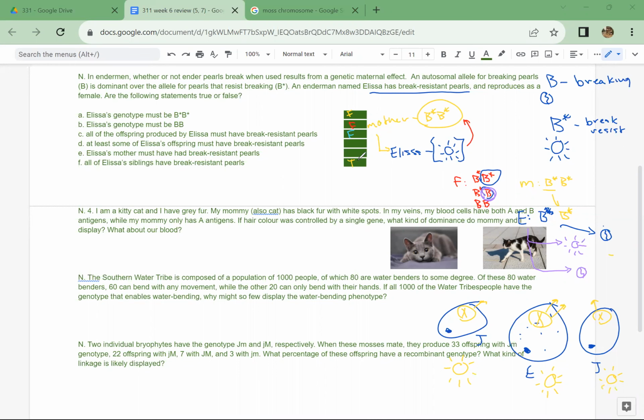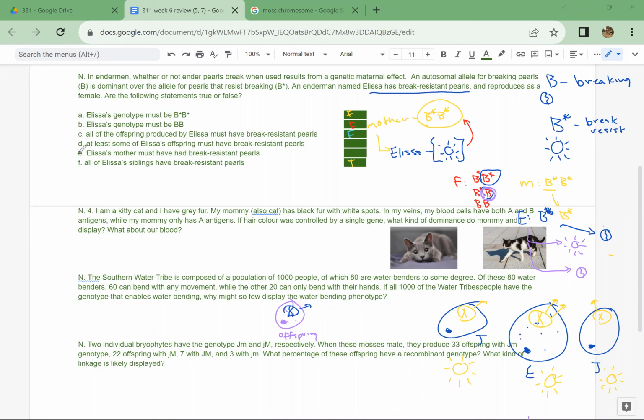That is true. And if we look back to question D, at least some of Elisa's offspring must have break-resistant pearls. Color consistency. We have the offspring of Elisa. Obviously Elisa's offspring have their own genotype, their own ribosomes, but it is Elisa's genotype, because Elisa is their mother, that is being utilized for cellular products and the creation of breaking or break-resistant ender pearls.